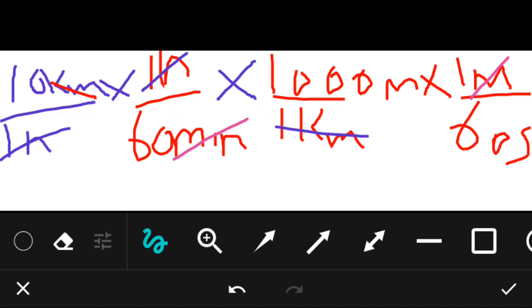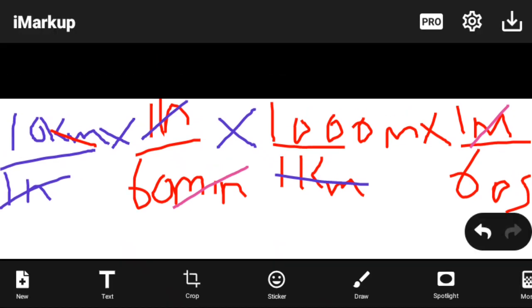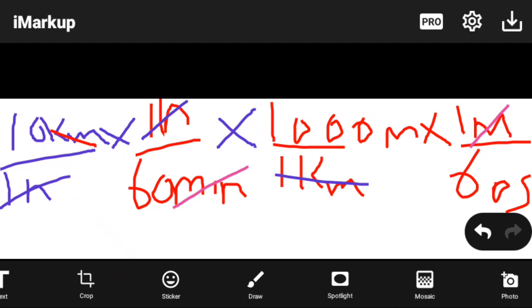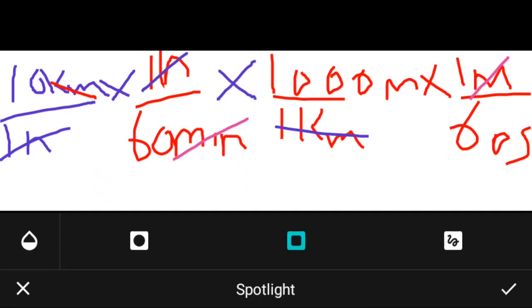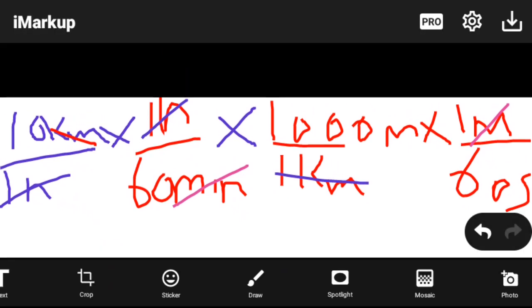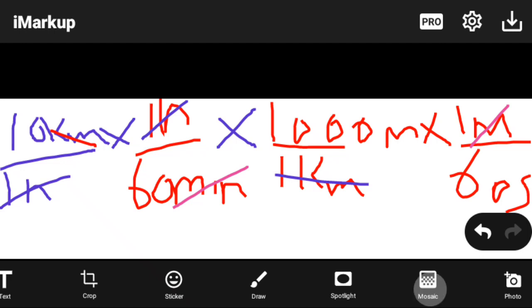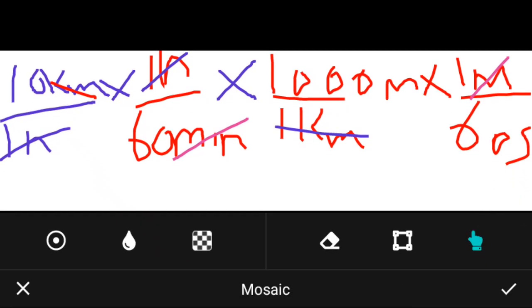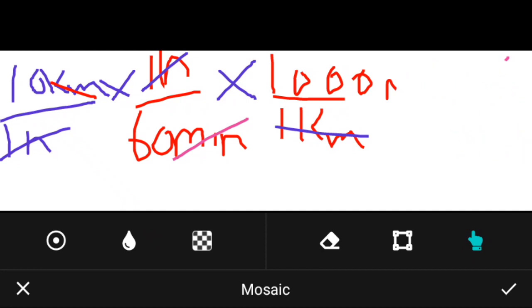Now when you multiply 10 times 1000, obviously you're supposed to get 10,000, and at the bottom when you multiply 60 times 60 you are supposed to get 3600. Let me rub this because I want to create enough space for working.